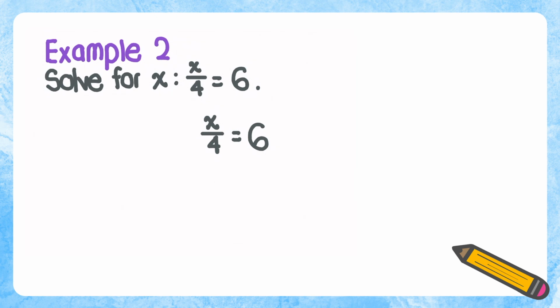So the opposite of dividing by 4 is multiplying by 4. So I'll multiply by 4 on both sides. So then I can get rid of the 4. On the left side, I am left with x, and that equals 6 times 4, which equals 24. So I get that x equals 24.